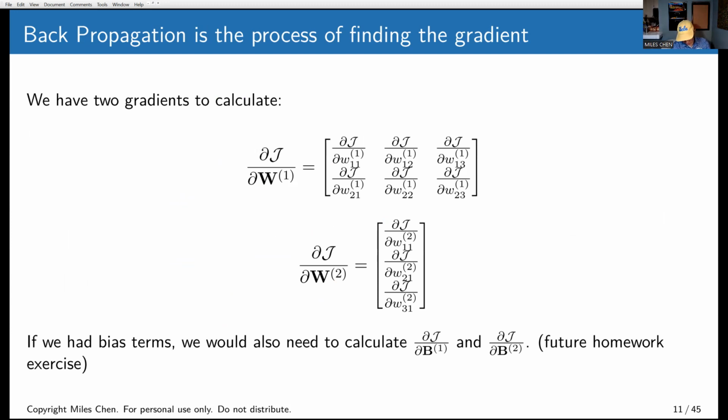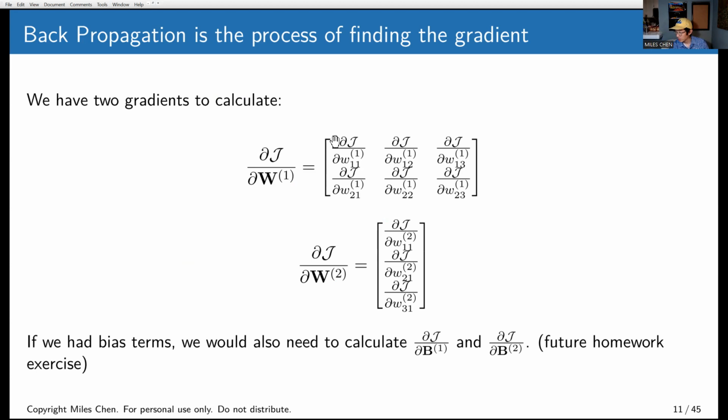We can think of the gradient in these cases as basically the matrix of partial derivatives. If our first weight matrix consists of these six weights, W11, W12, and W13, and so on, we can take the partial derivative with respect to each of those elements.